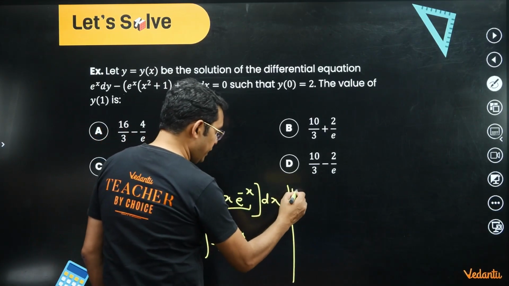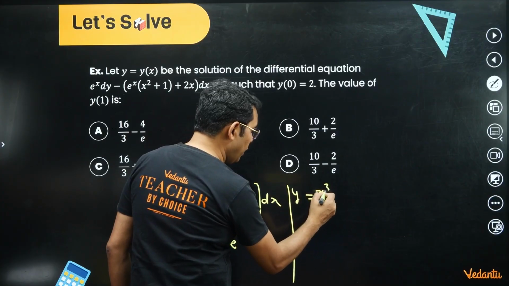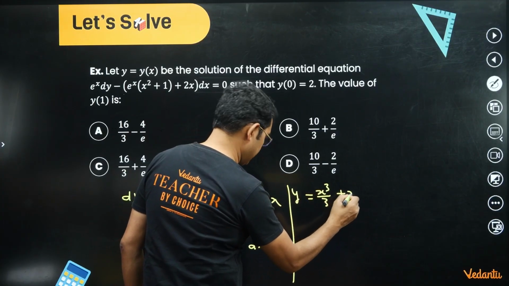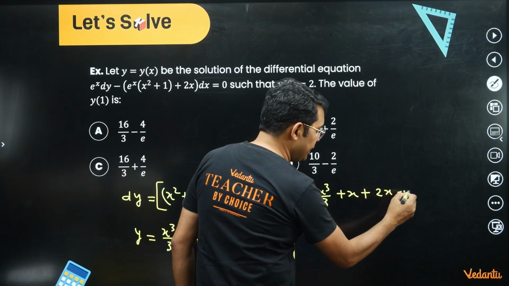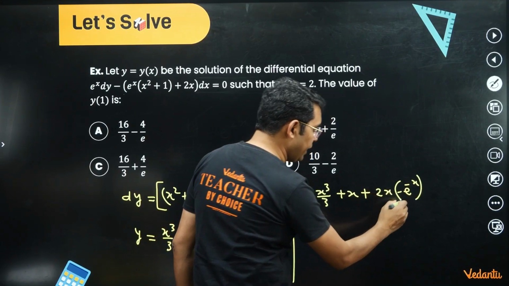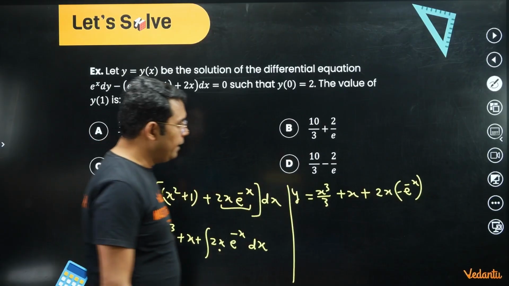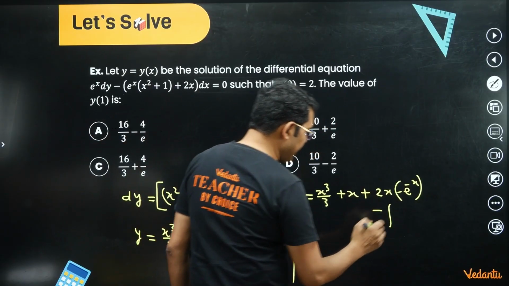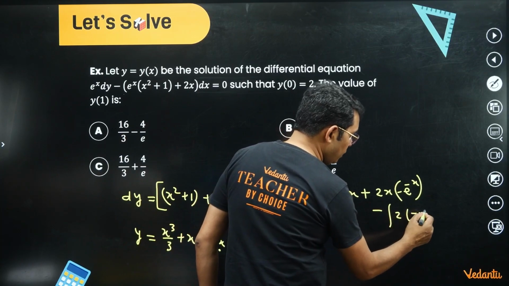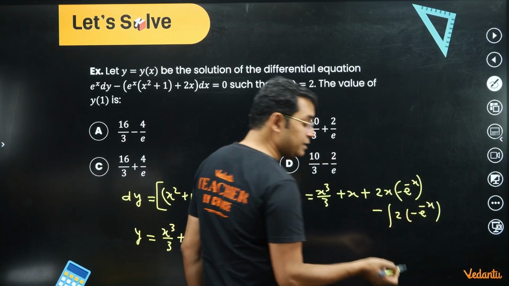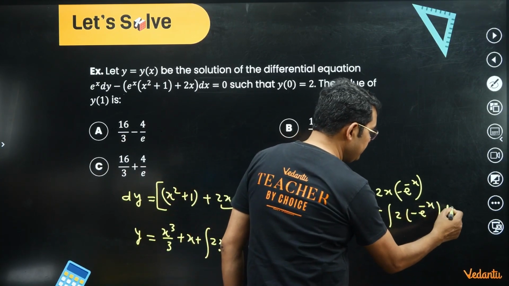Okay, so y becomes equal to x cube upon 3 plus x, first function as it is, integration of second function will be e power minus x with minus sign outside, then minus integration of differentiation of first function, that is 2, integration of second function, so e power minus x with minus sign, dx.